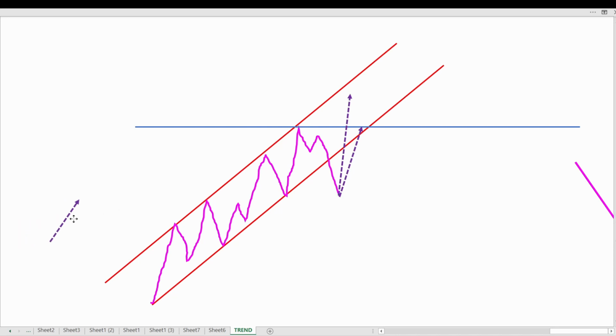And the third probable outcome is that it doesn't get there. It falls short of getting there. And I'm going to show you how to identify when this happens, when the actual change in trend takes place.